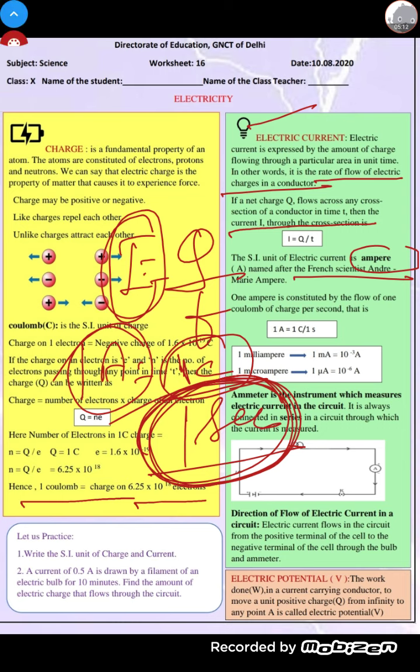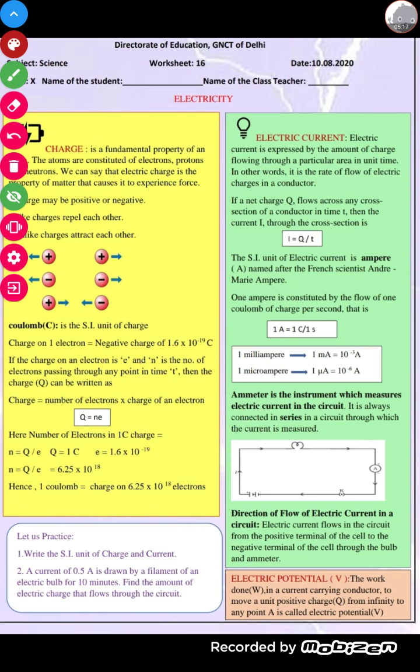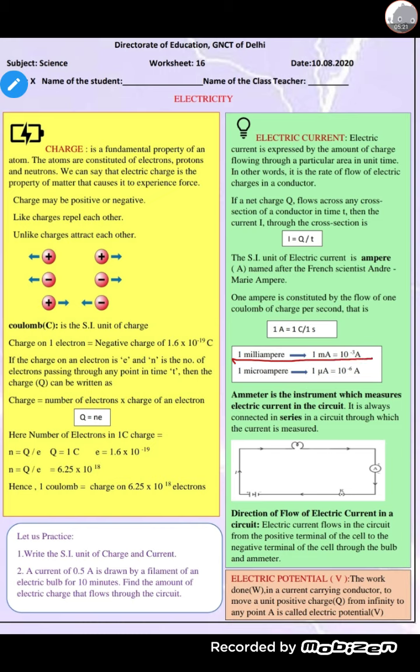And again we have some numerical base values which can be used. 1 milliampere is equal to 10 raised to power minus 3 ampere. 1 microampere is equal to 10 raised to power minus 6 ampere.